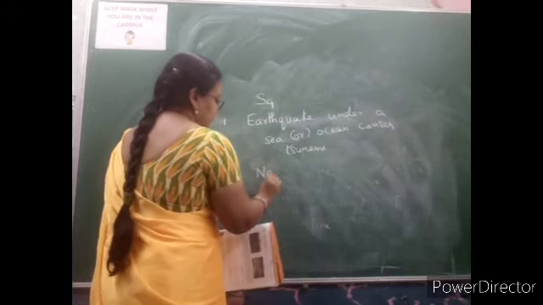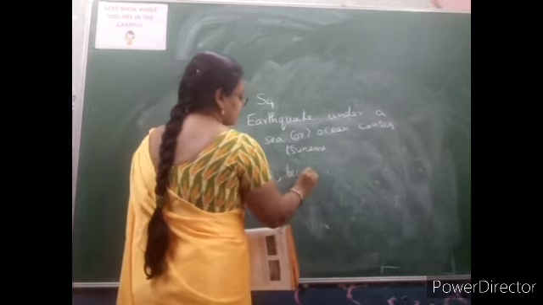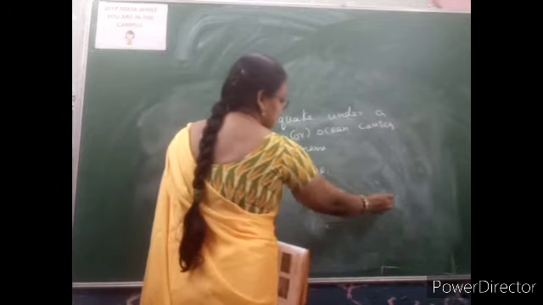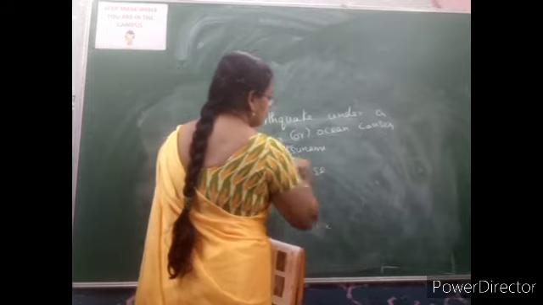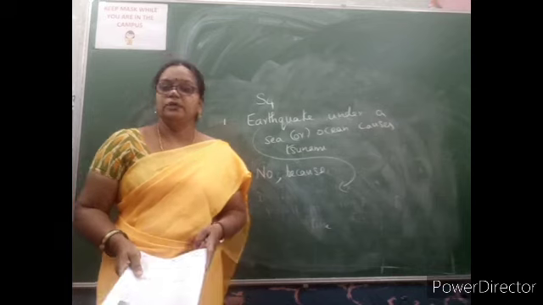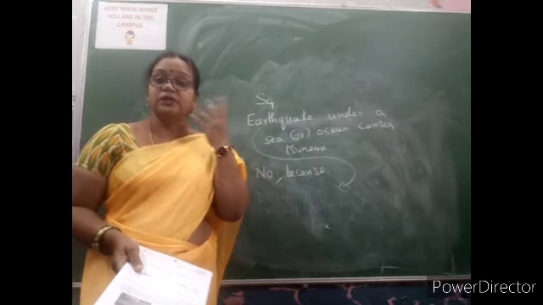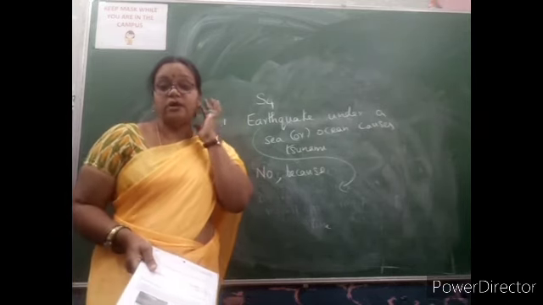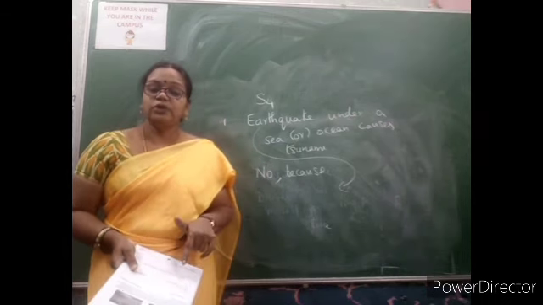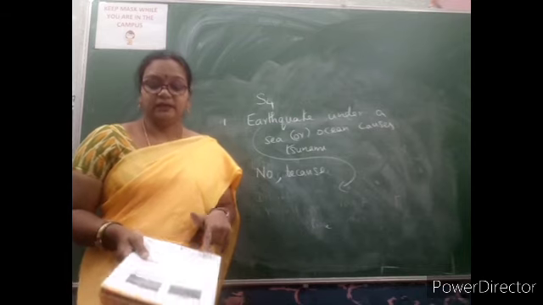No, because, write the same: an earthquake under a sea or ocean only causes a tsunami. Same thing again should come here, so near the river, under the river, it will not happen, and a river will not cause a tsunami. When a river overflows, it is called only a flood. It is not going to happen in a place near the river.